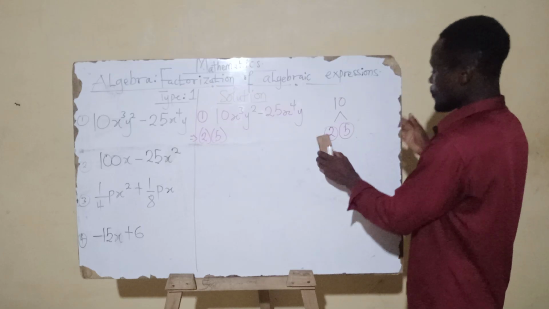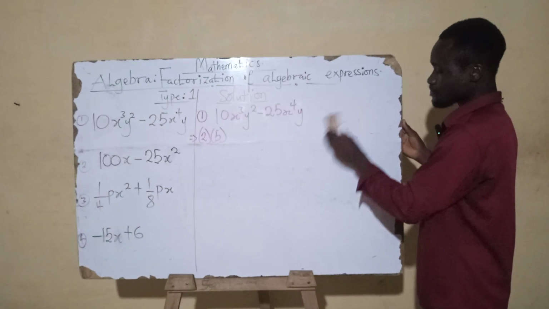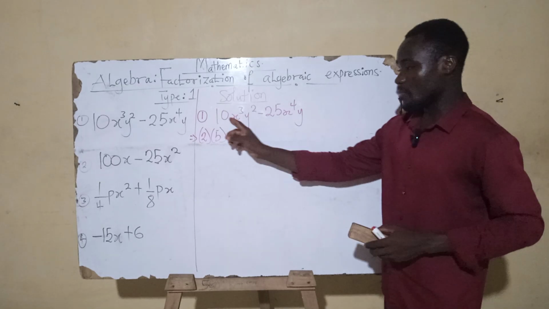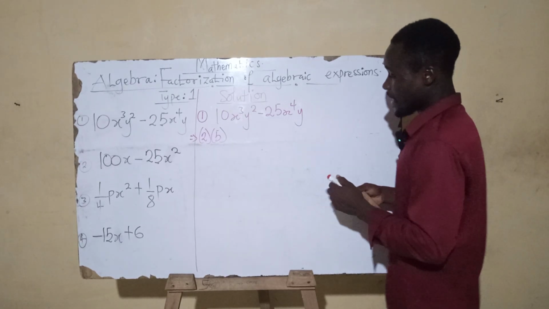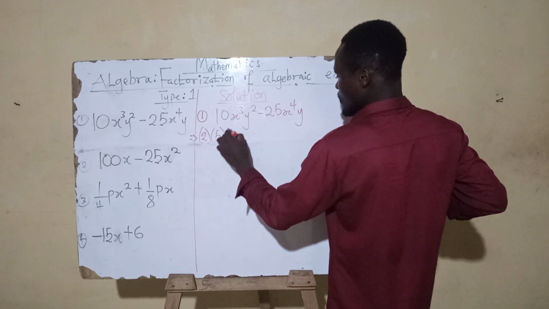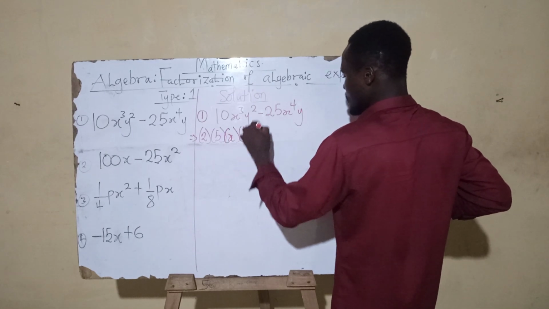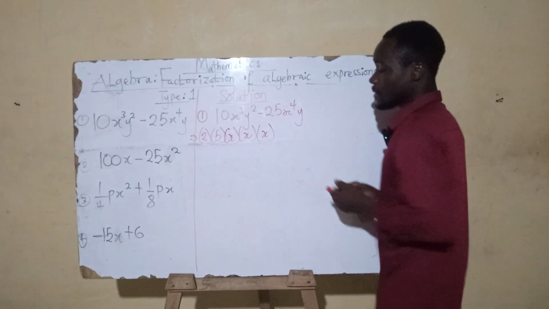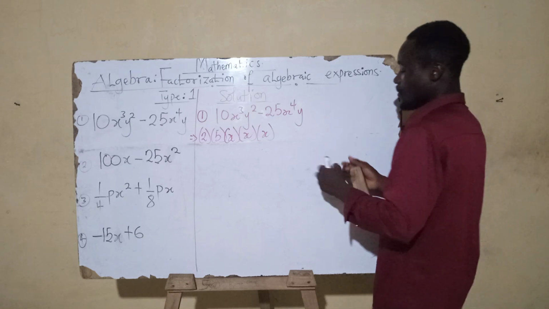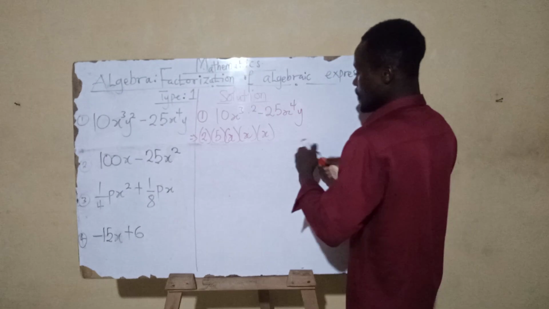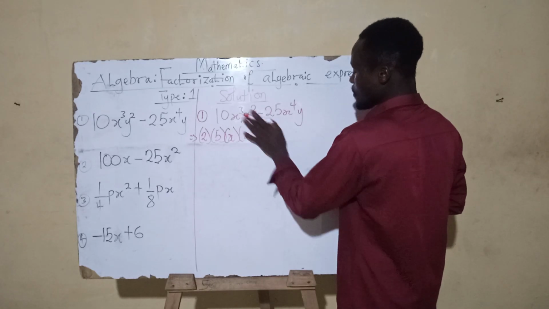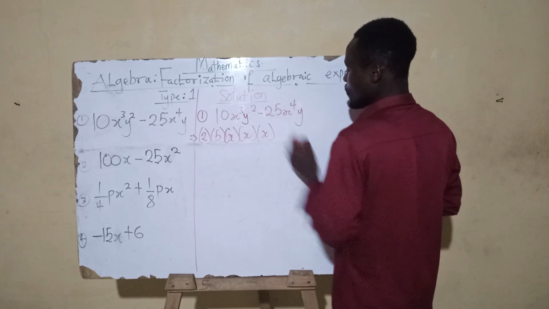Very good. So let's continue with the other part. Now we have x power 3 multiplying them. The x power 3 here can be expressed as x multiplying another x multiplying another x. I believe you are clear with that. Let me write the tail of the y well so that you will not get confused.